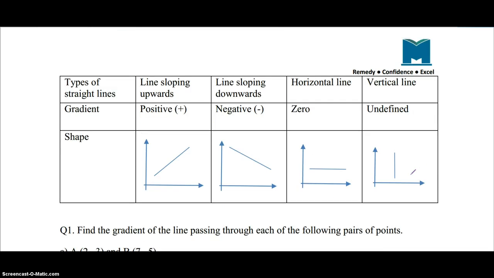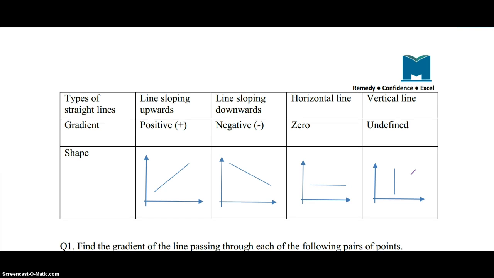Now, if you look at the respective graphs as shown here, if you have a line that is sloping upwards, the gradient will be positive. So if you're climbing up the stairs, the gradient is positive. When the line is sloping downwards, the gradient will be a negative value.